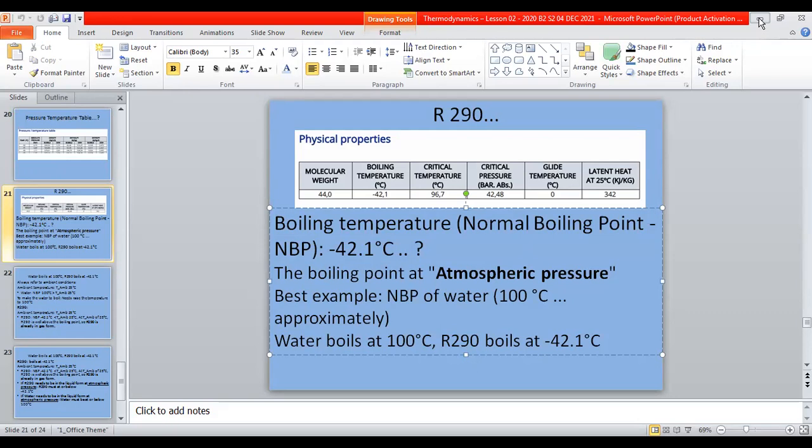Now if we need R290 in liquid form at ambient temperatures, it should be pressurized.